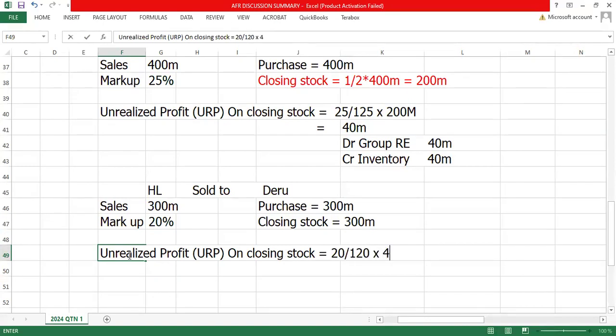Then times 300 million. What do you get? You get 50 million. Who recognized the profit? HL.